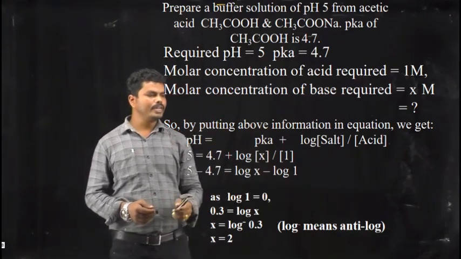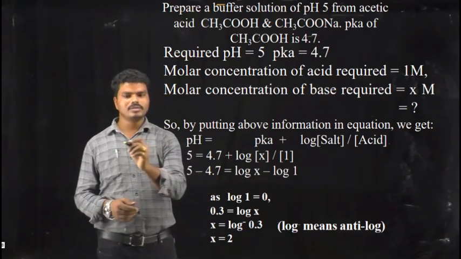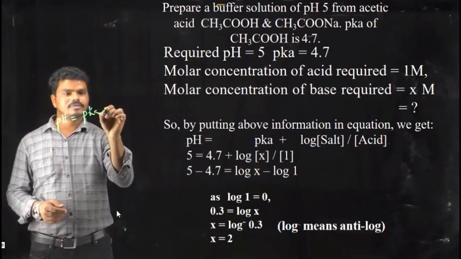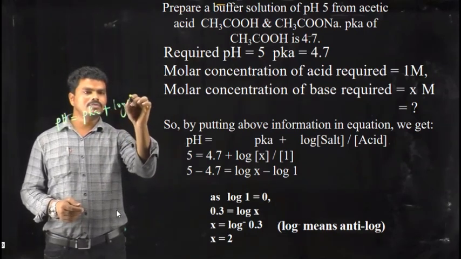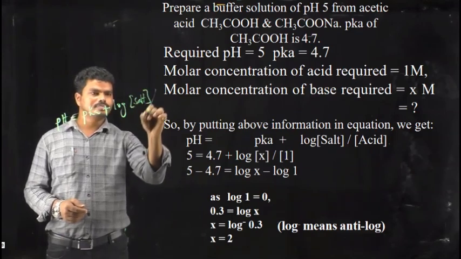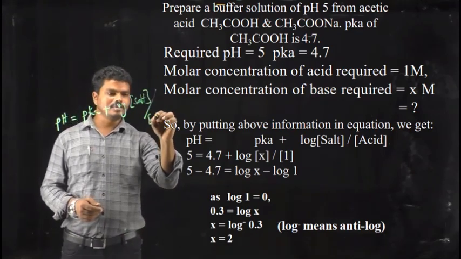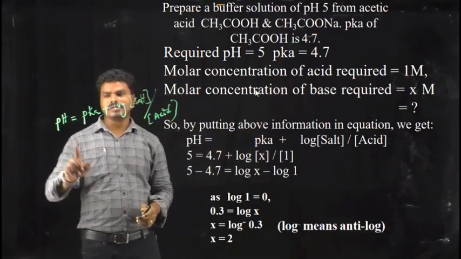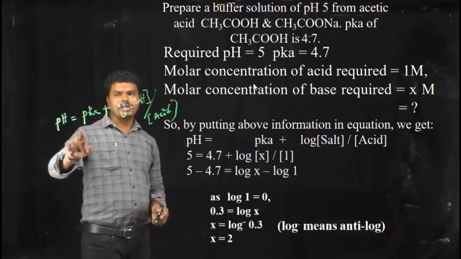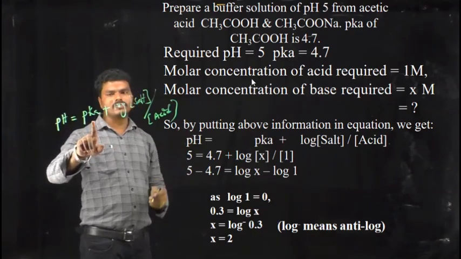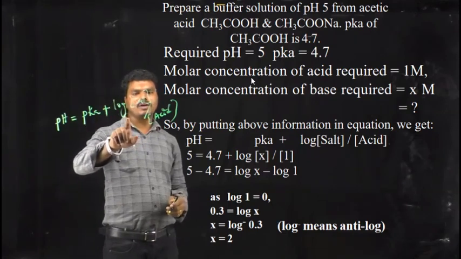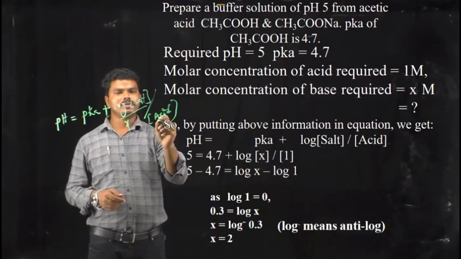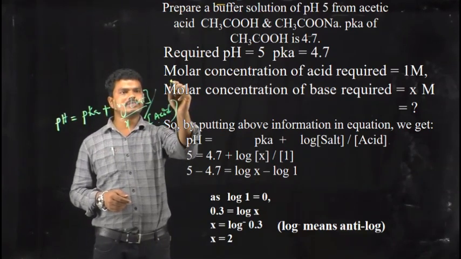For acidic buffers, the buffer equation is pH equals pKa plus log of salt concentration by acid concentration. Substituting the values: the required pH is 5, the pKa is 4.7, the salt concentration is unknown so we consider it as x, and the acid concentration we assume as 1 molar.